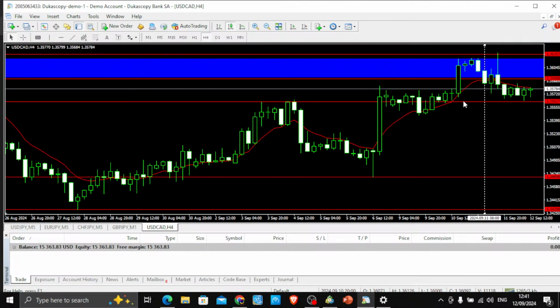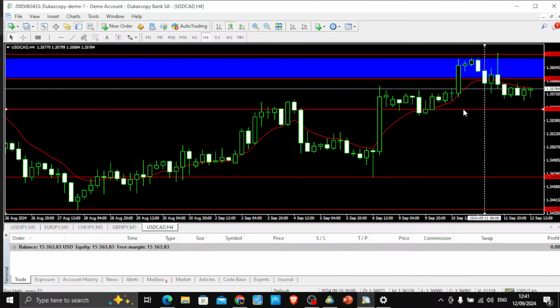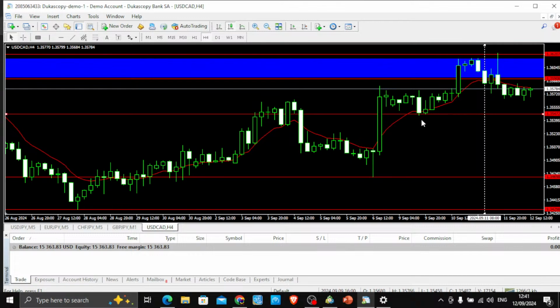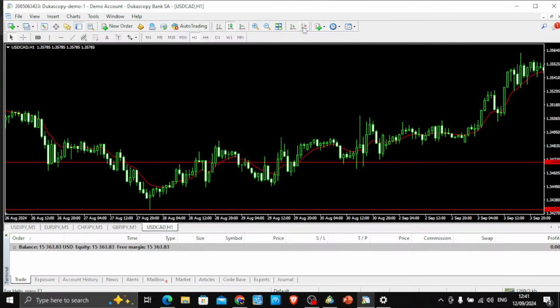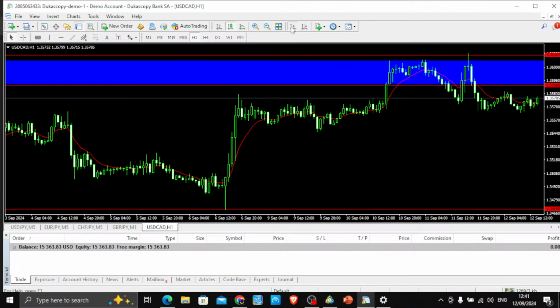But it has not been able to take out this internal swing low. So with this market, there is a kind of confusion. So let us go down to 1 hour. You can get clearer information.